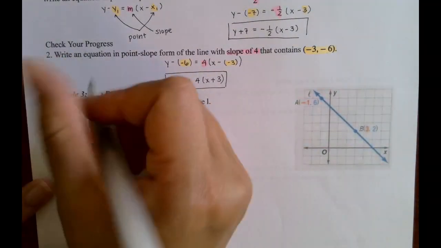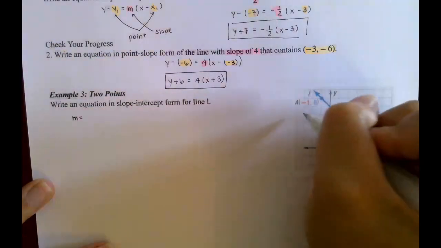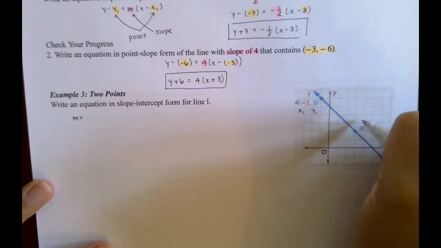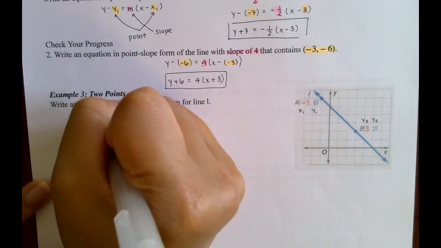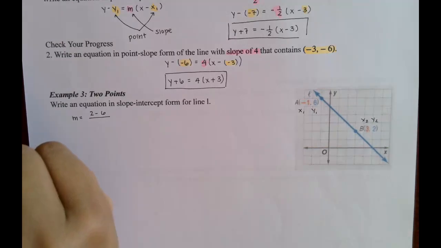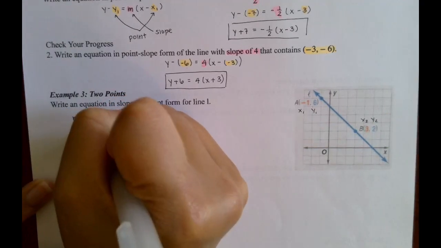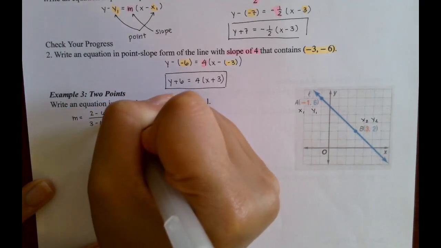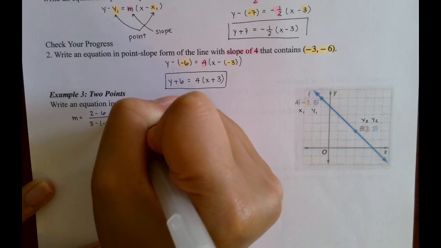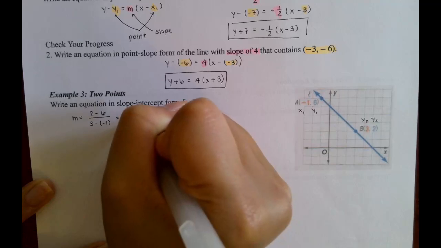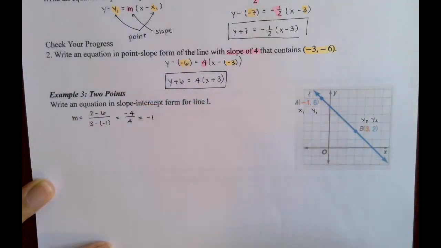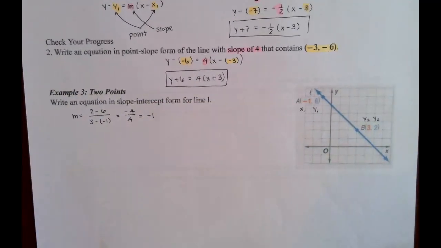Okay, so let's just do x1, y1, x2, y2. So it's going to be 2 minus 6 over 3 minus -1. 2 minus 6 is -4. 3 minus -1, that's plus. So 3 plus 1 is 4. And -4 divided by 4 is -1. So that is my slope.